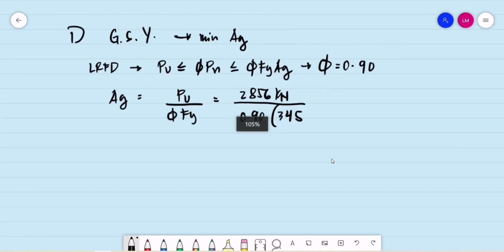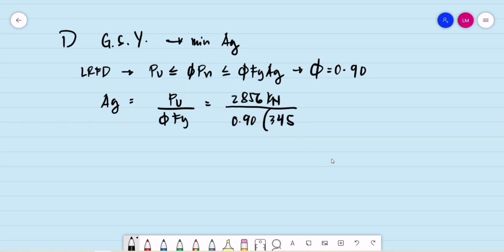If we are to do unit analysis, 345 is newtons per square millimeter.